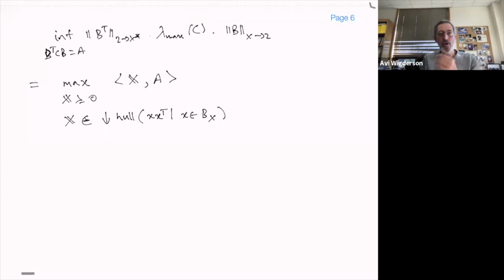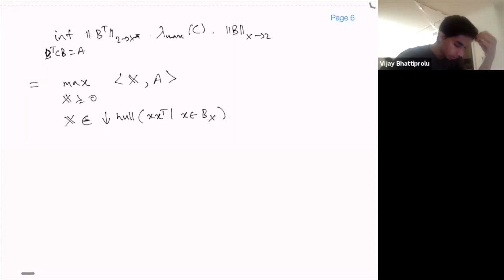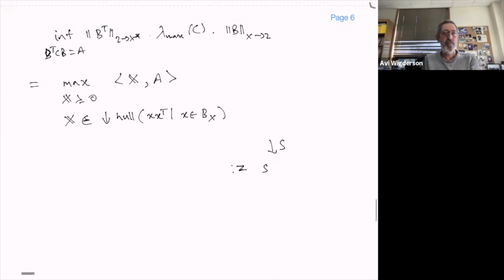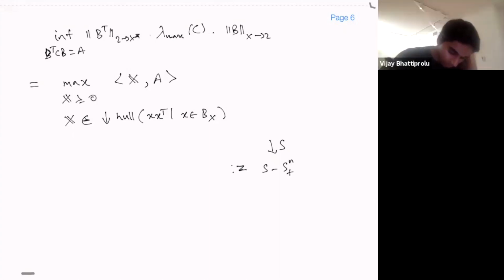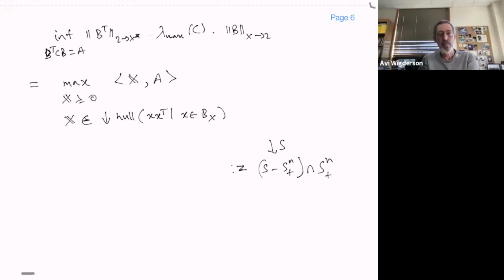What is the notation downward? Yeah. So downward closure with respect to the positive semi-definite cone, in this case of a set S, is defined as S minus the positive semi-definite cone intersected with the positive semi-definite cone.